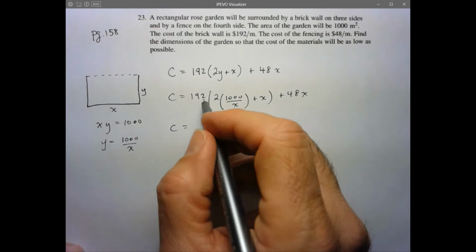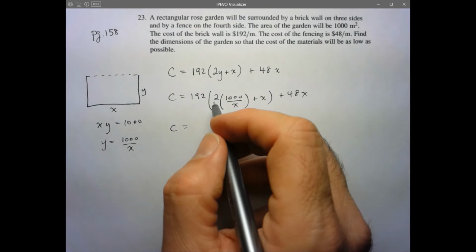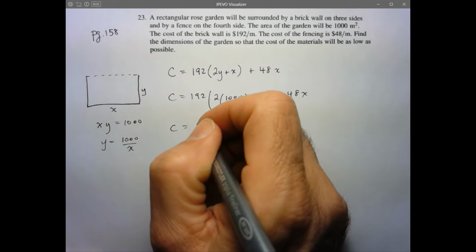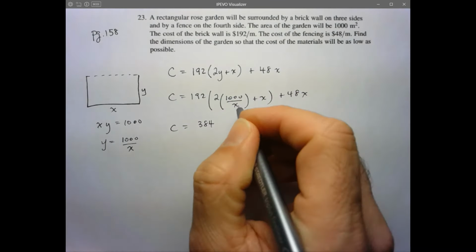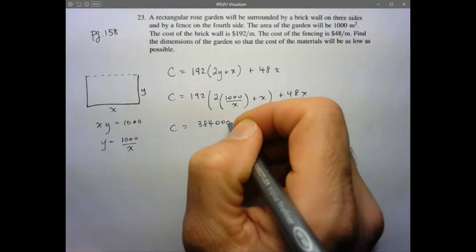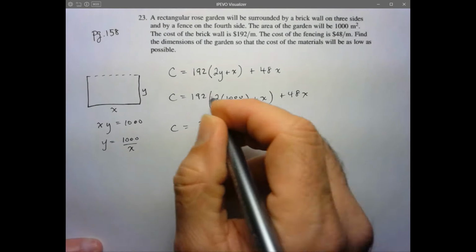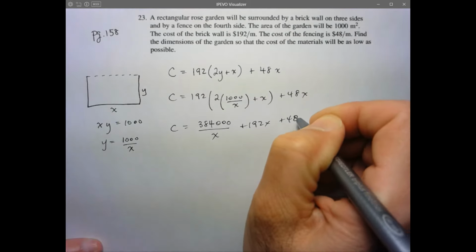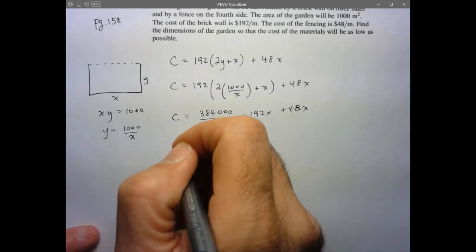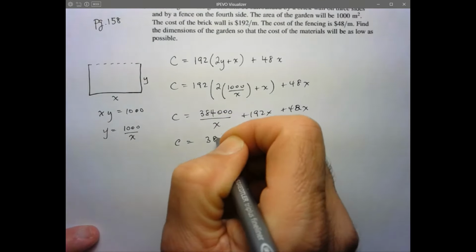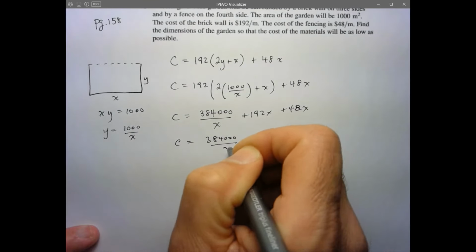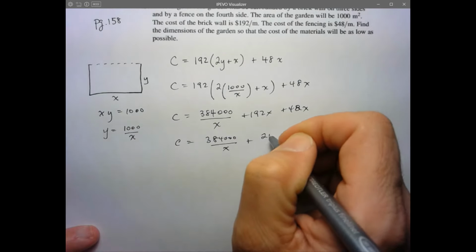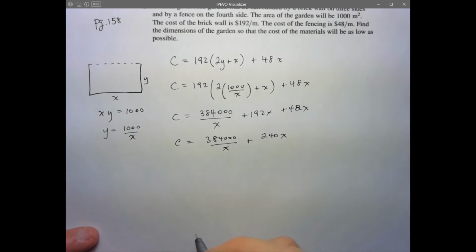We've got 192 times 2, so that's 384, times 1,000, so 384,000 over x, then plus 192x plus 48x. We can simplify that a little further: 384,000 over x plus 240x. And there we go.